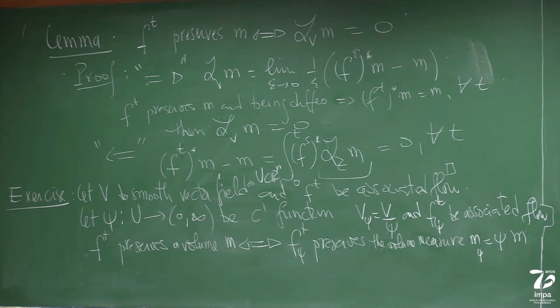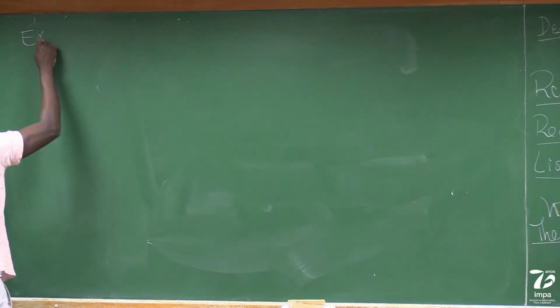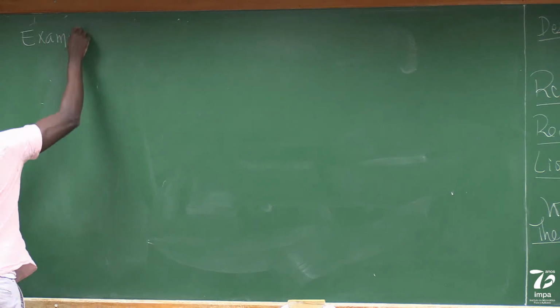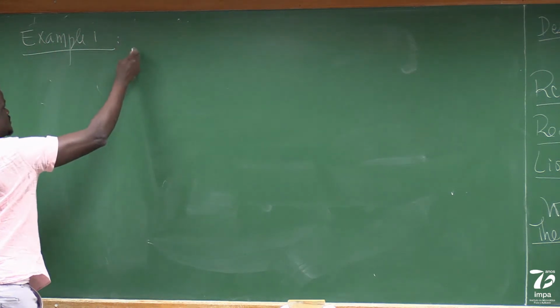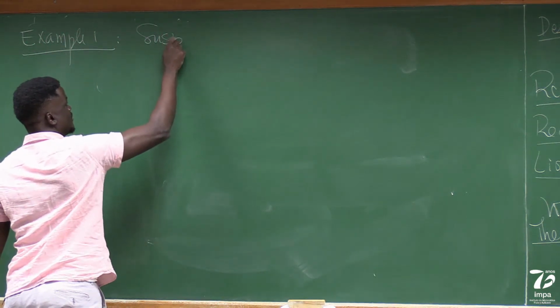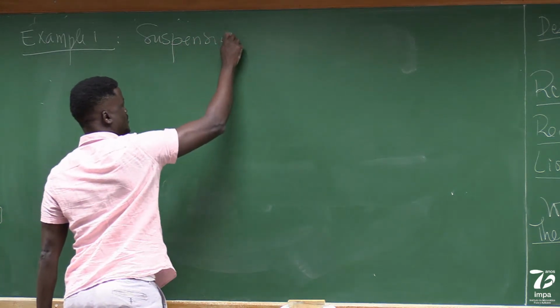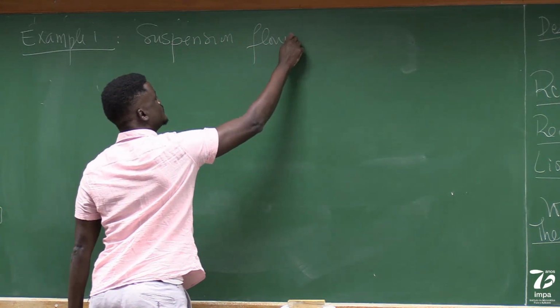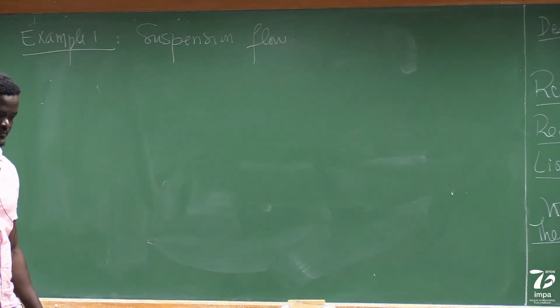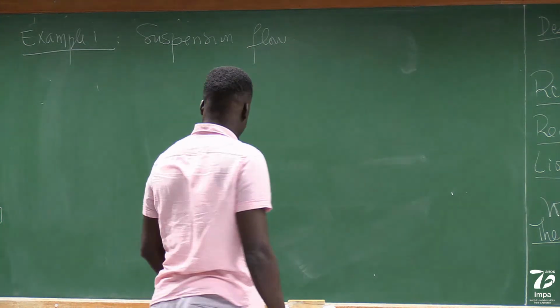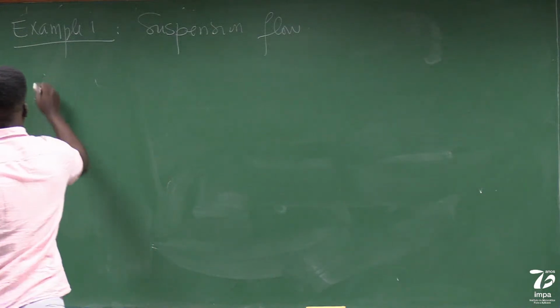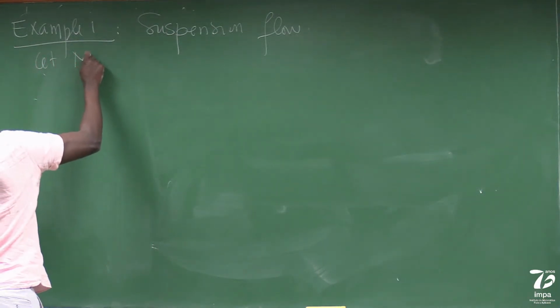So I will define two examples of flows. Example one is called a suspension flow. So let M be a topological space.